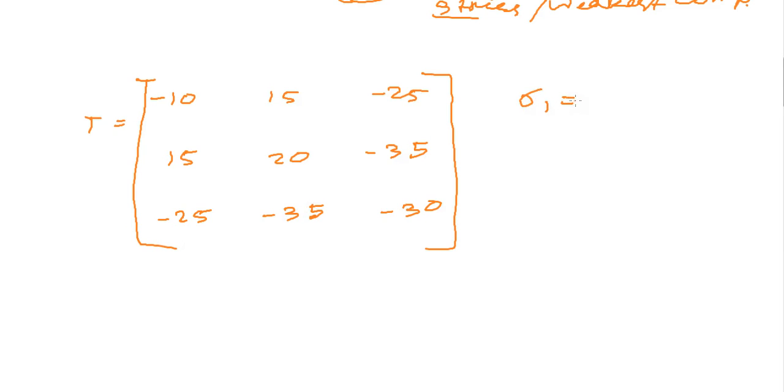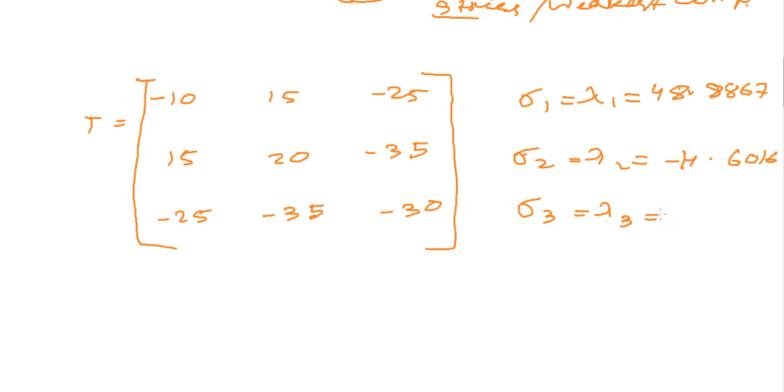What are the principal stresses? Lambda 1 is 48.8867, lambda 2 is minus 14.6016, and lambda 3 is minus 54.2852.